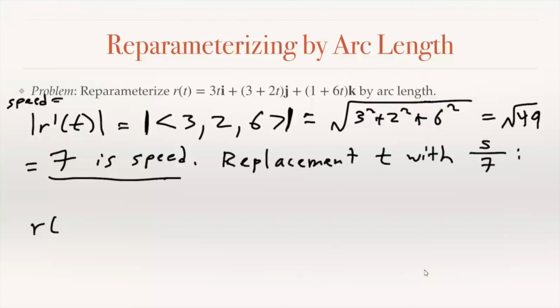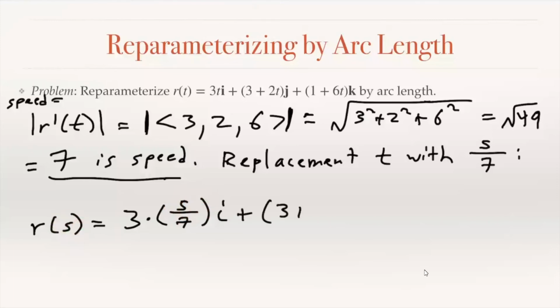And our arc length parameterization is r of s is 3 times s over 7 i, or not t, I know my s's might look like phi's. Remember, that's an s, our new parameter name.